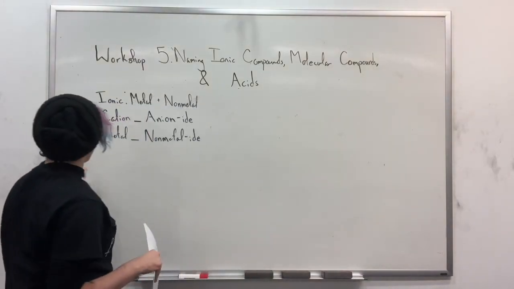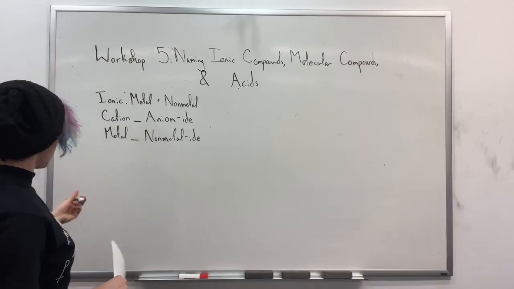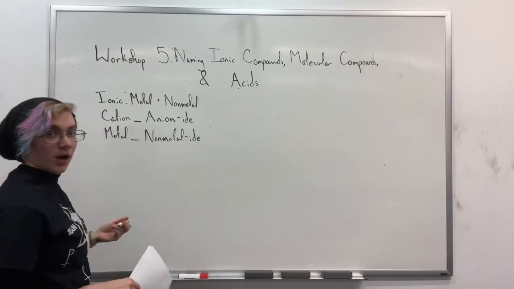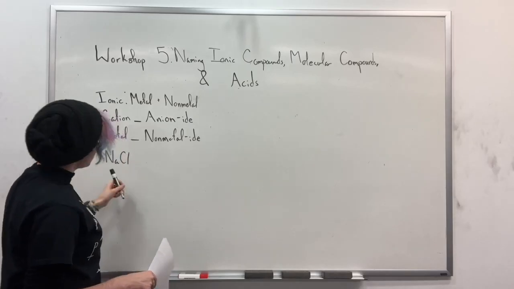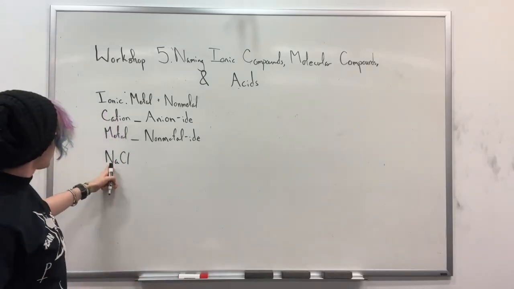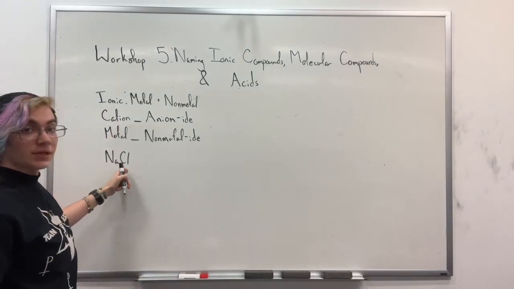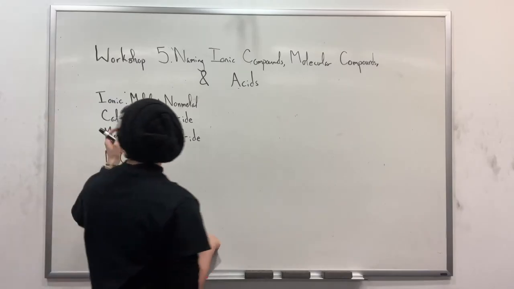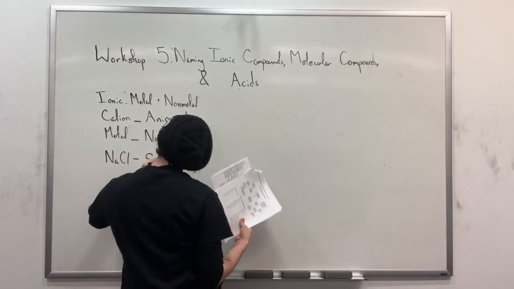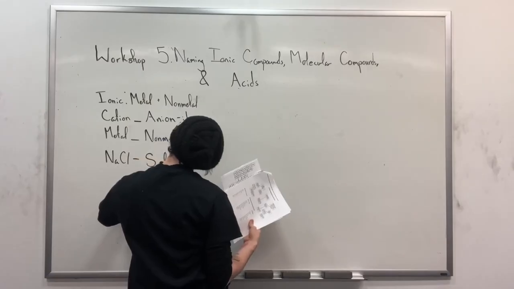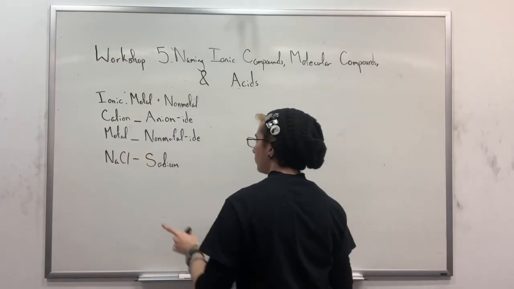To give an example, one of the most common ionic compounds is NaCl. This is table salt. You have a metal, sodium, and you have a non-metal, chlorine. So we name our metal, or our cation, first: sodium. No changes to the ending, nothing else to add.